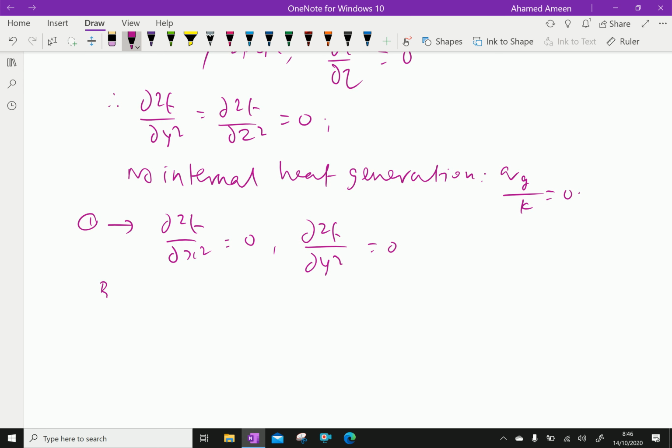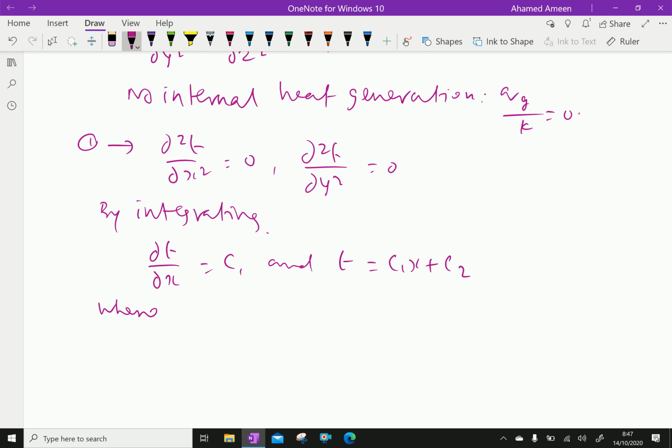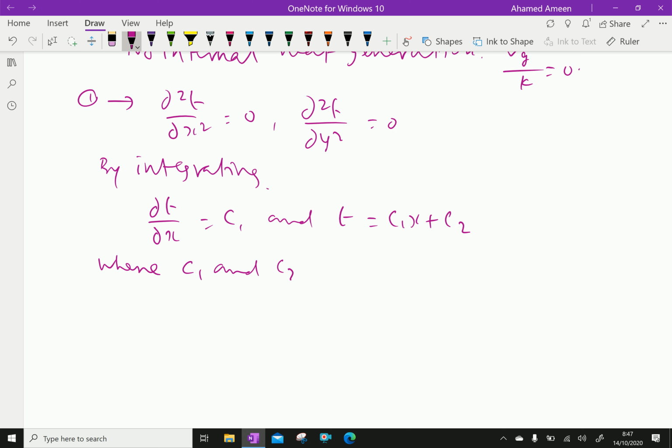By integrating this equation twice, we get del T by del x equals C1, and with further integration T becomes C1 x plus C2, where C1 and C2 are arbitrary constants.